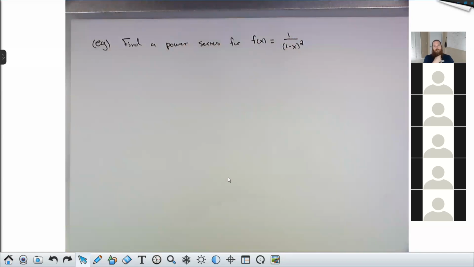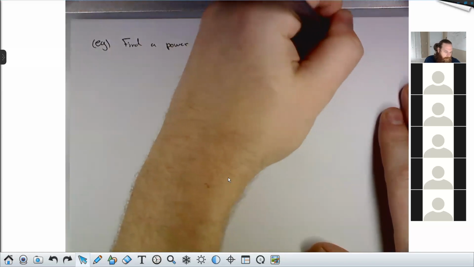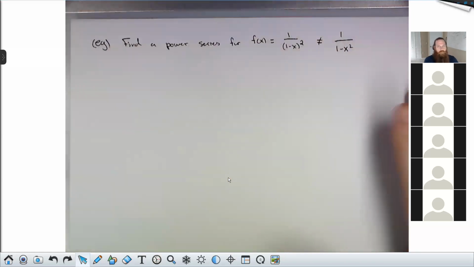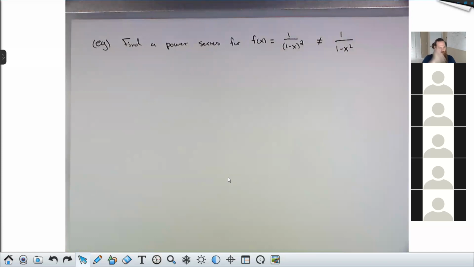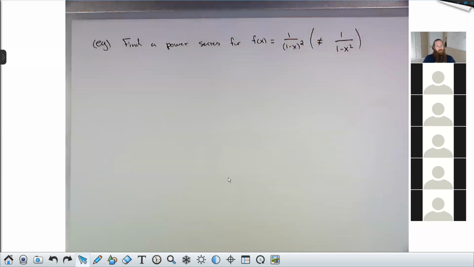So I want to find a power series for 1 over (1 minus x) all squared. Just to be clear, this is not the same as 1 over 1 minus x squared. Those are very different. It's not just the x that's being squared, it's the whole denominator.